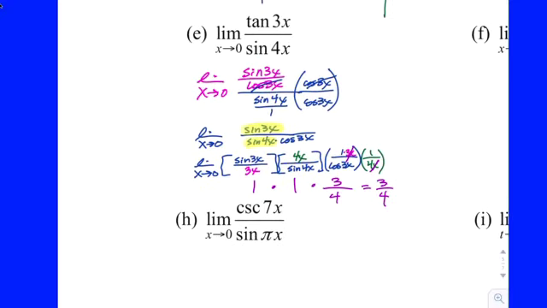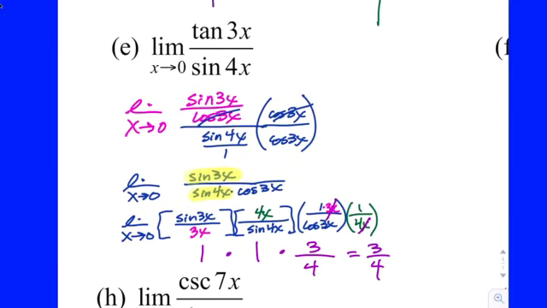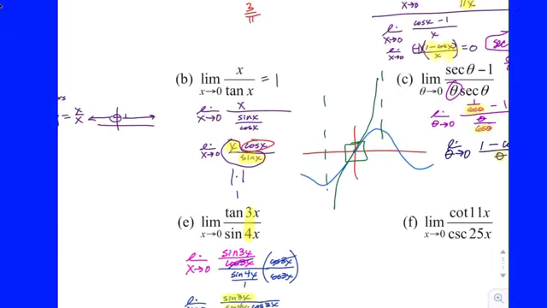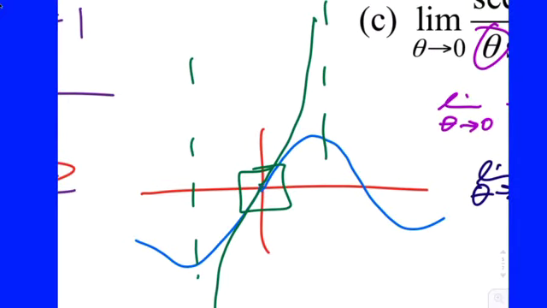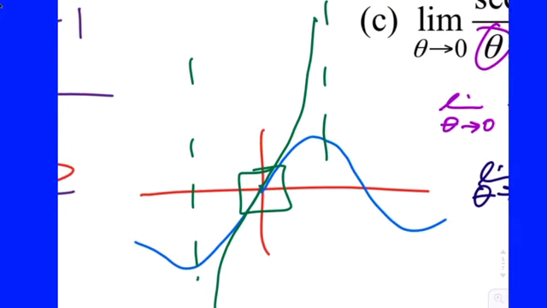Now for this one, let's see if we can go to the top and generalize something. Our answer was 3/4. Do we have a 3/4 visible in the original problem? We sure do. Is that the same 3/4? Yes, it is. So we concluded yesterday at the end of class with this idea right here, that tangent in green and sine in blue, although they're different functions, they behave exactly the same way near 0.